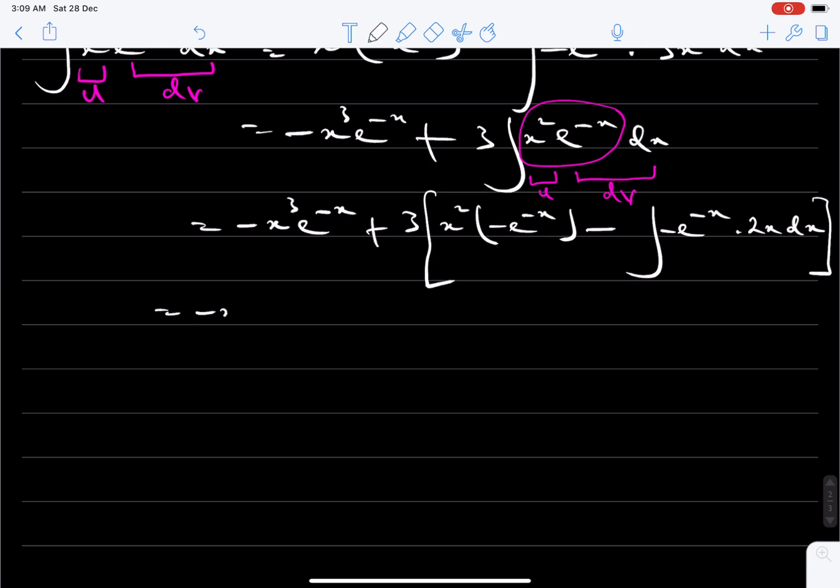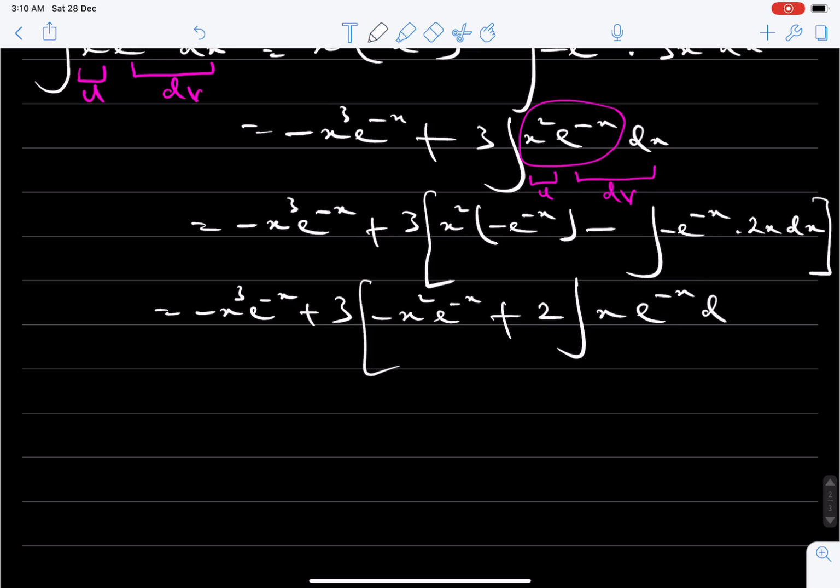And that means minus x cubed e raised to power minus x plus 3 into minus x squared e raised to power minus x. You have to be careful with the expansion, plus 2 multiplied by the integral of x e raised to power minus x.